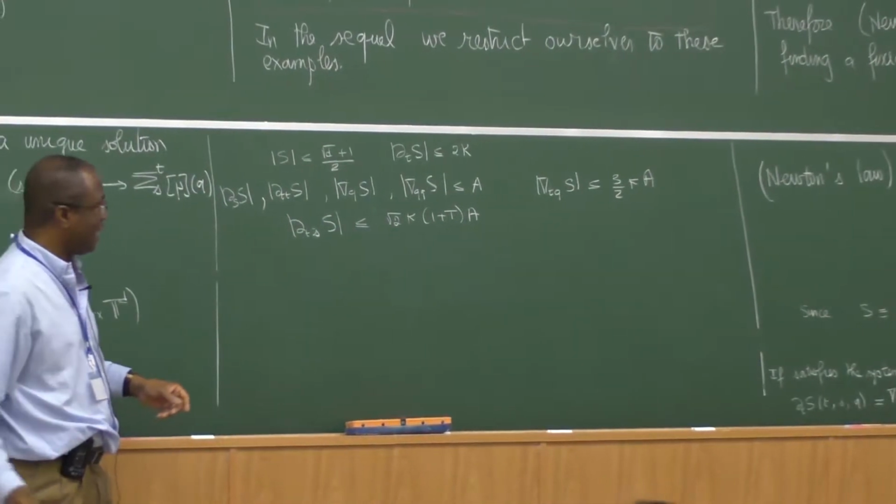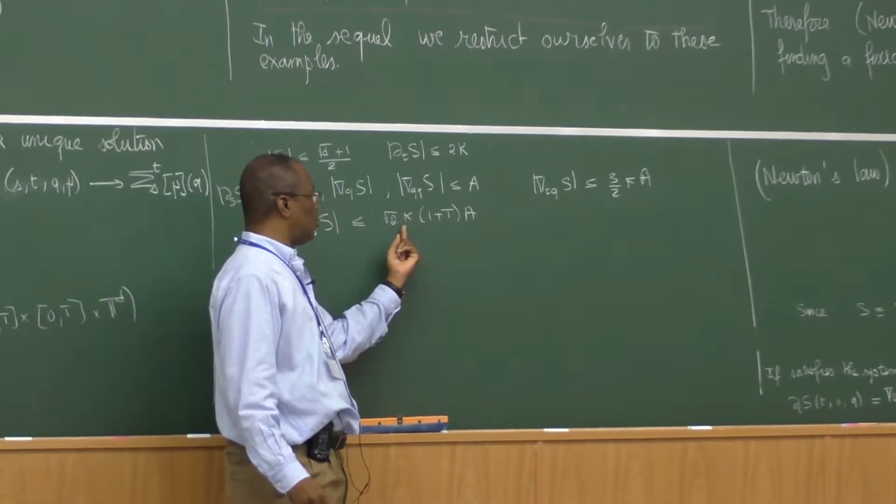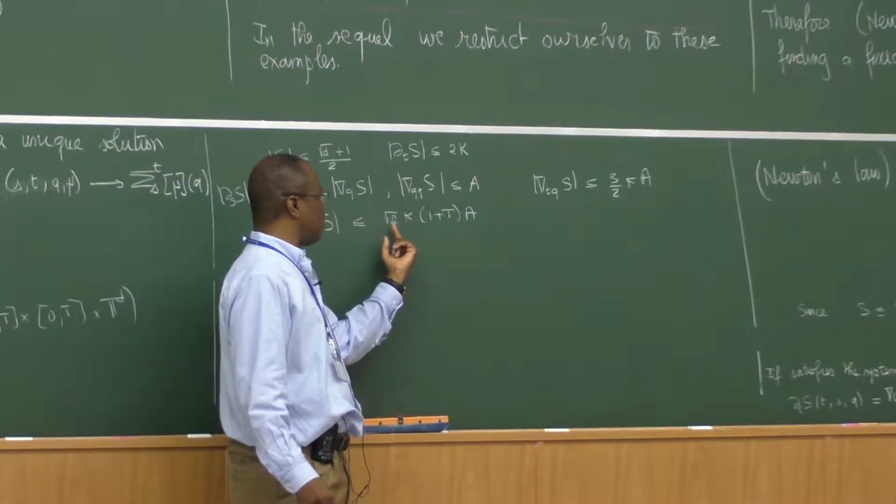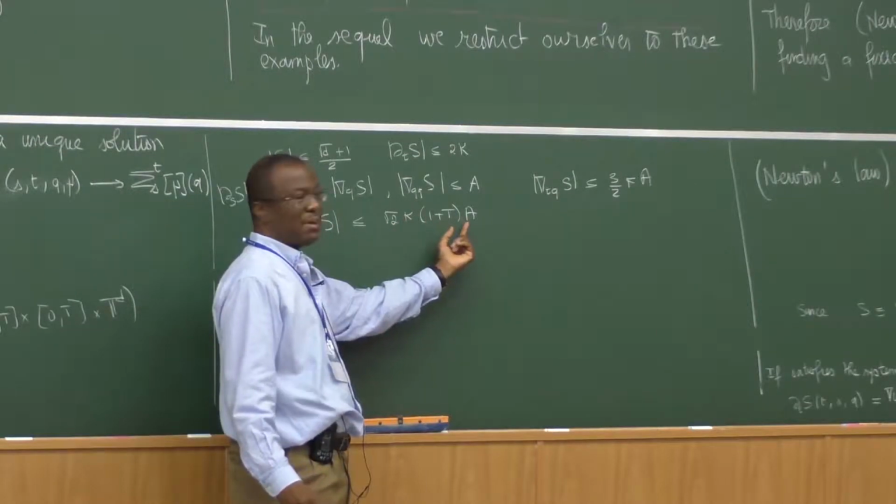So observe that if I take t very small, I can compare t to square root of 2 kappa A.